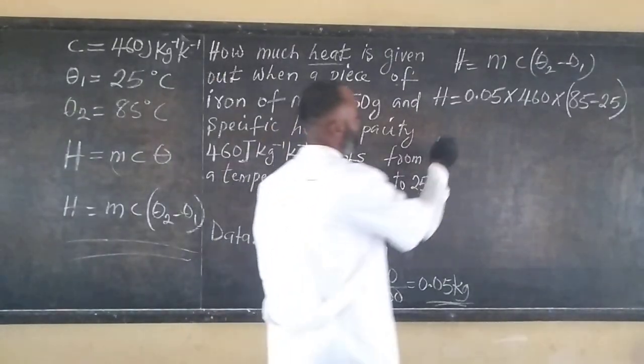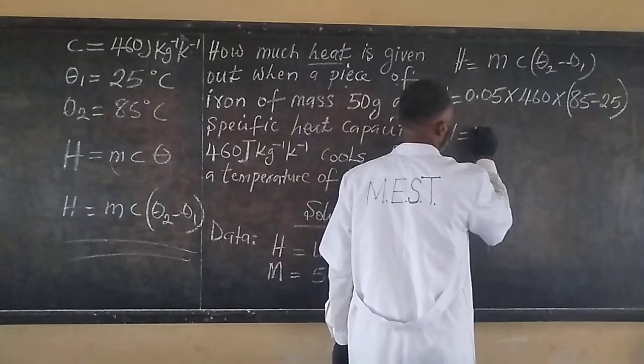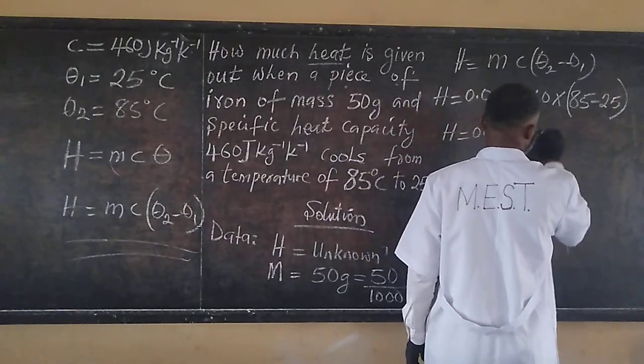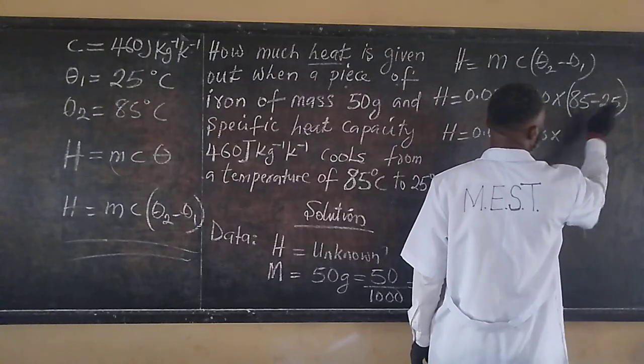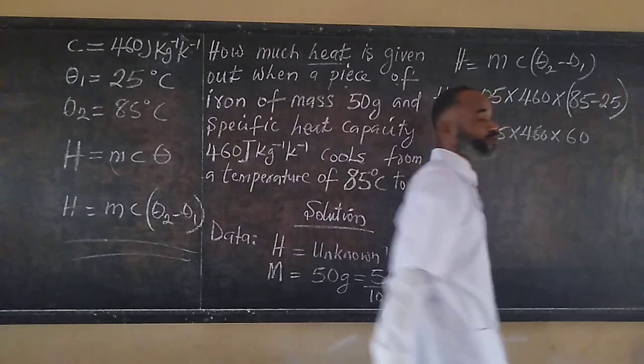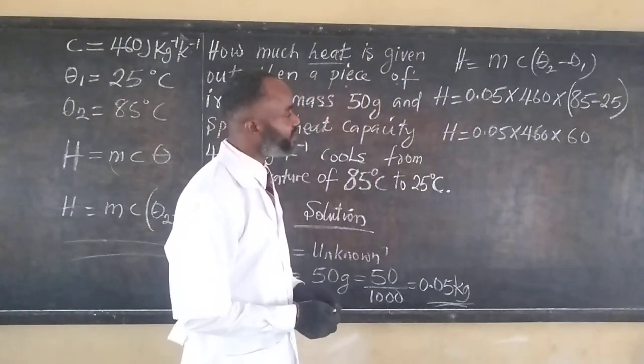Let's continue. H once again is equal to 0.05 times 460 times the difference here, which is simply 60, because 85 minus 25 is simply 60 degrees Celsius.